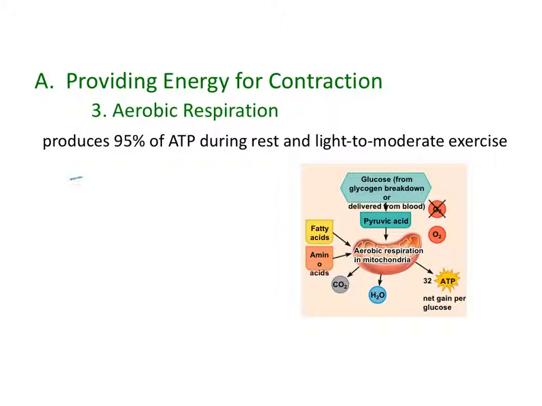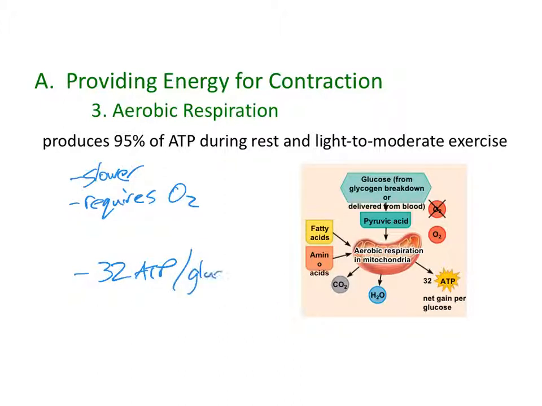Some disadvantages are that it is much slower, 2.5 times as slow as anaerobic pathways, and it requires oxygen, so if your muscles are bulging and blocking blood vessel supply to the tissue, you won't be able to do it. But the advantage is that it is much more efficient, and instead of only 2 ATP, you can generate about 32 ATP per glucose molecule.